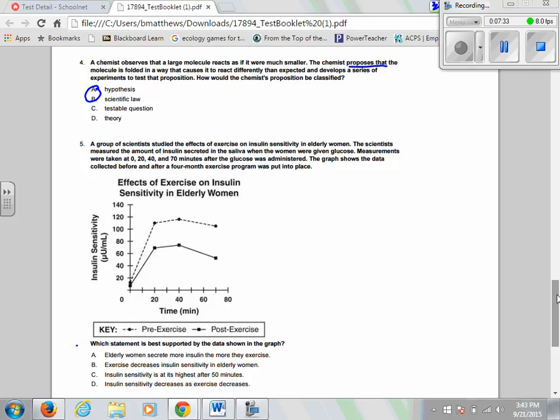Question 5. Question 5 is very tricky, but something you have to get used to when it comes to a lot of questions is that sometimes the words can confuse you. What you really need to do sometimes with charts and graphs, and a really good test-taking strategy, is number 1, just ignore the answer choices at the beginning.